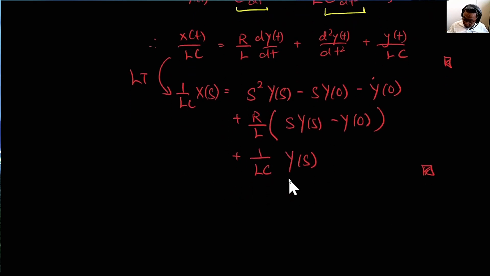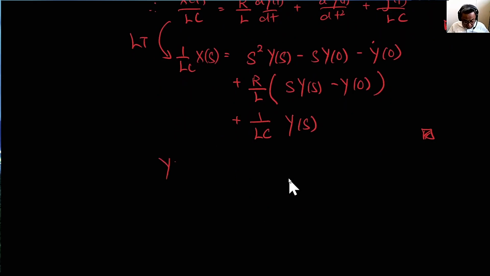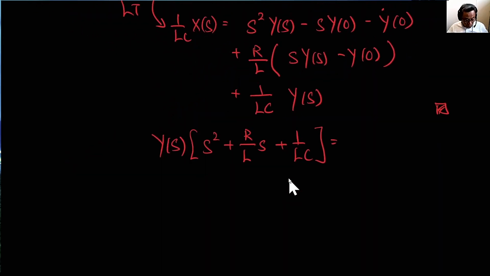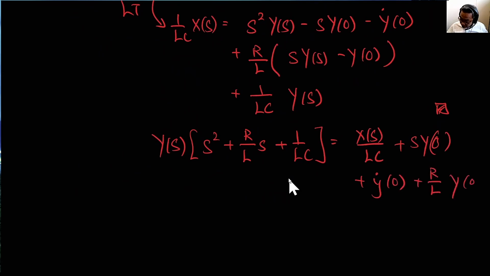Now we want to bring Y(s) to one side. So we have s squared plus R/L s plus 1/LC, is equal to, so let's bring the right hand side, which is X(s) over LC plus s y(0) plus y dot of 0 plus R/L y(0).